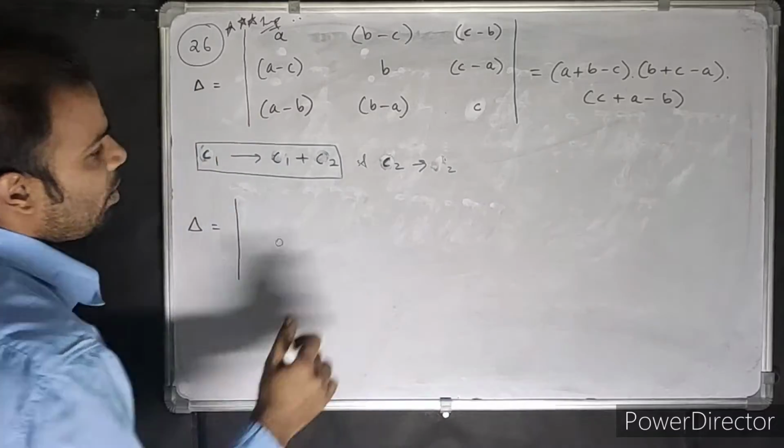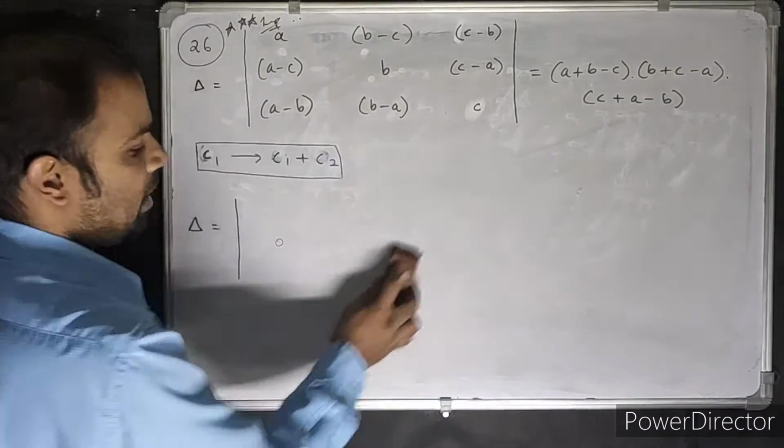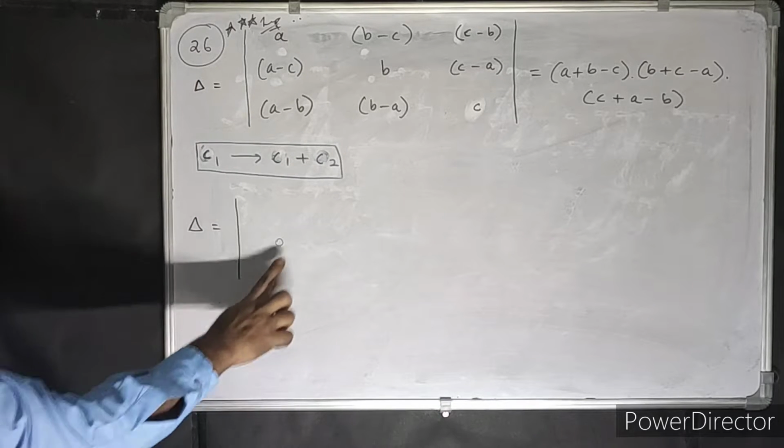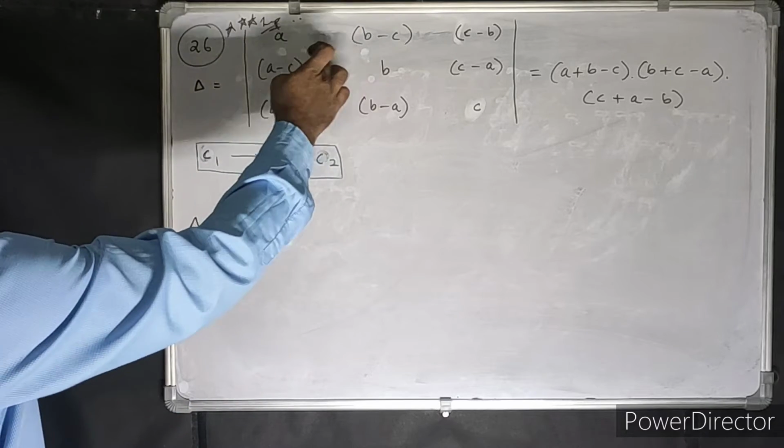That's what I am doing. So column 1 tends to column 1 plus column 2, adding this and this.